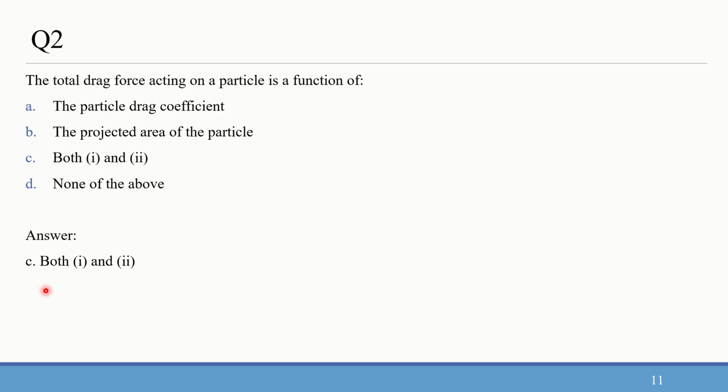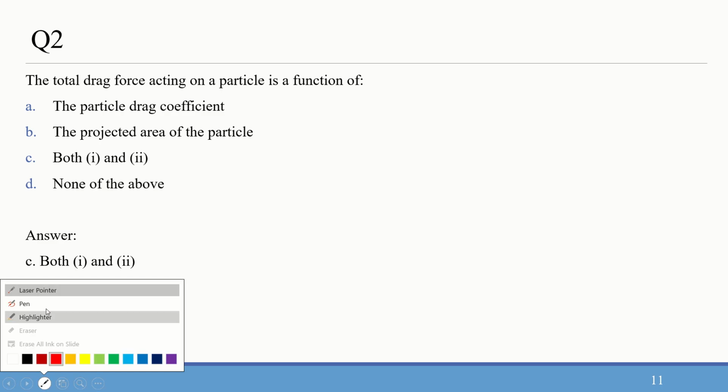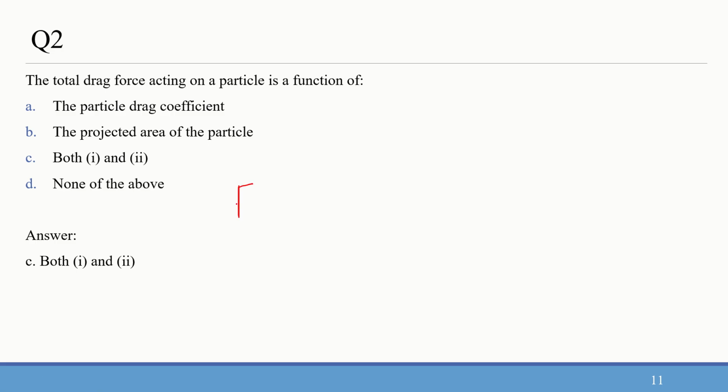Basically, the total drag force acting on a particle is a function of drag coefficient, projected area of the particle, density of fluid, and square of particle velocity. It can be expressed as Fd is equal to half CD rho A V square.